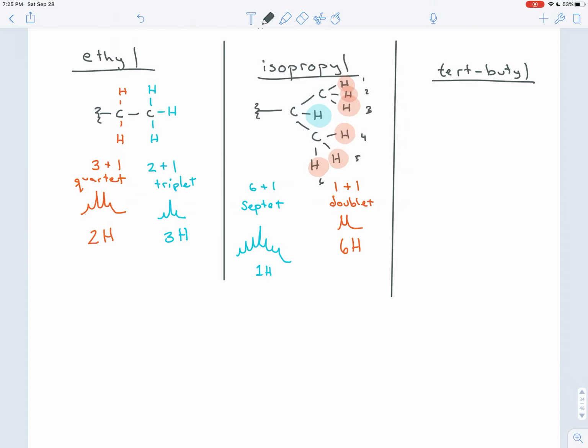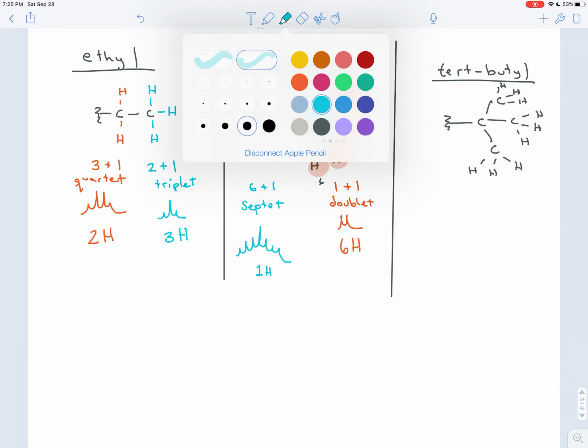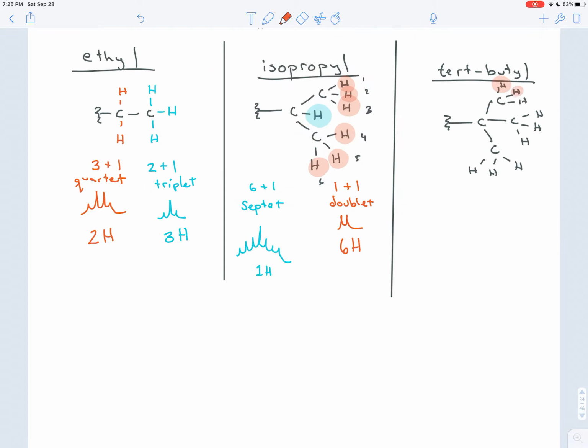And finally, a tert-butyl group. That's when you have a carbon bonded to the parent chain, and then 3 more carbons. And each of those carbons has 3 hydrogens on it. Now, all of those hydrogens are in the same electronic environment. They're the same distance away from everything else in the molecule, so you only end up with one signal here.